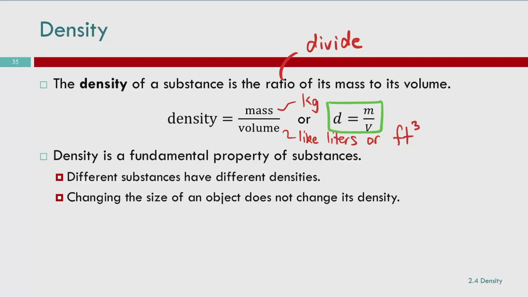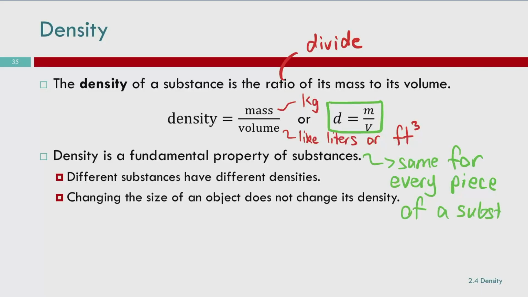Density is a fundamental property of substances. It's the same for every piece of a substance. So if I have magically pure water that I collected in Norway and I purified it, and I have water that I took out of the King's River and I purified it, now it's pure water.